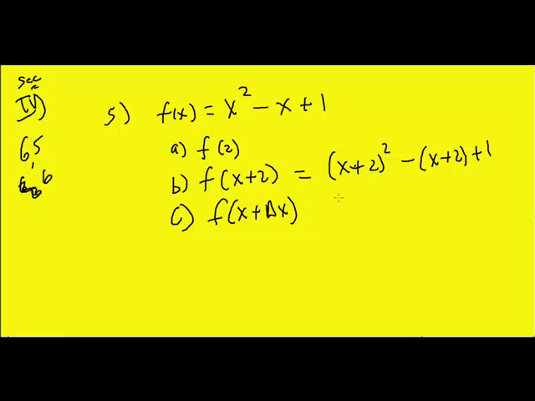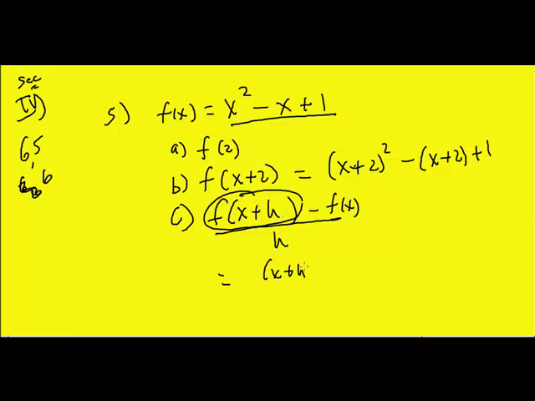Alright, f of x plus delta x minus f of x all over delta x. Oh, this is 5. Okay, fine. It's the same thing. You'll see next week. H and H. First, we're going to find that. That means go to this function, put in x plus h.